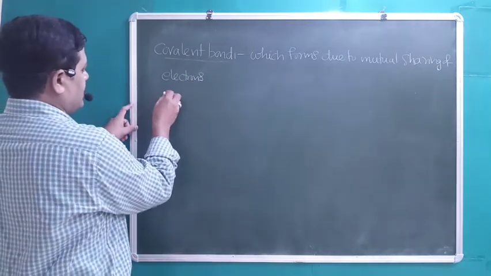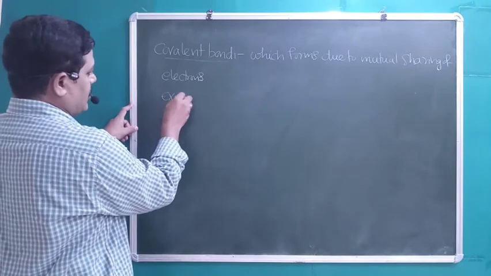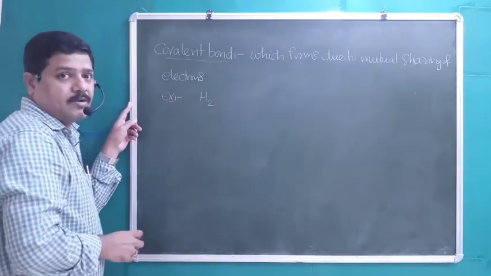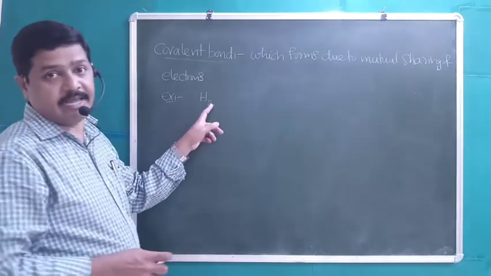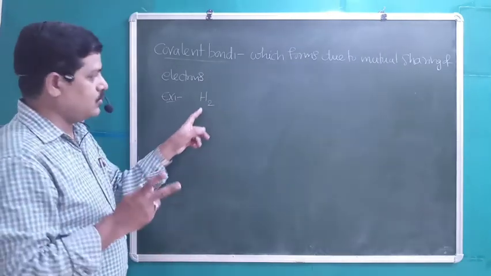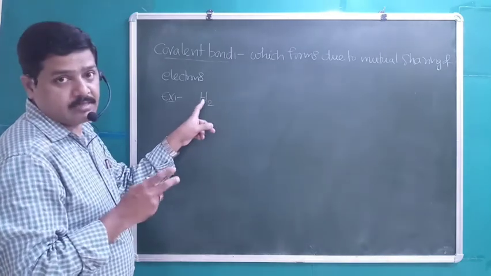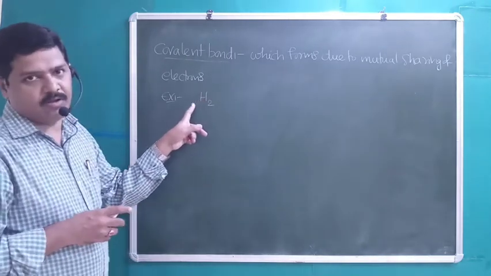For example, we will take the hydrogen molecule. Hydrogen molecule is H2. Hydrogen generally exists as a diatomic gas. 2 atoms of hydrogen combine together to form one hydrogen molecule, right?